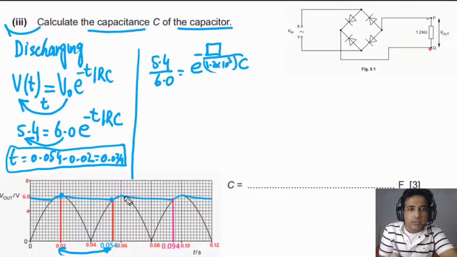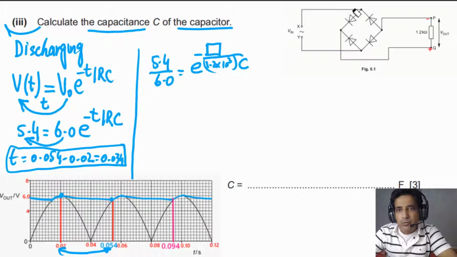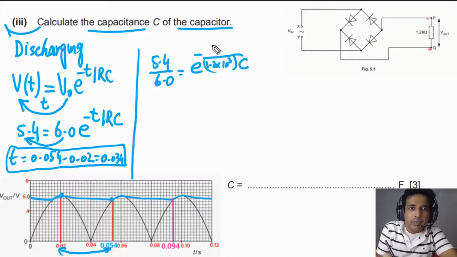So this is the discharging time. So simply we can write down here this is 0.034. So we can clear this box and we can write down the value here. And this is 0.034. Now, if we take ln on both sides, we can say ln of 5.4 divided by 6.0.